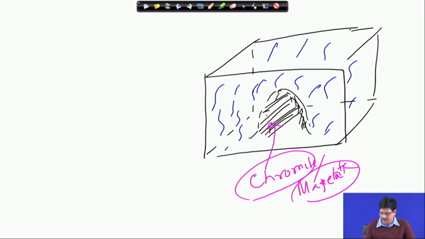Or even, for example, if this ore body that we are showing here is a body of sulphide, a metal sulphide.